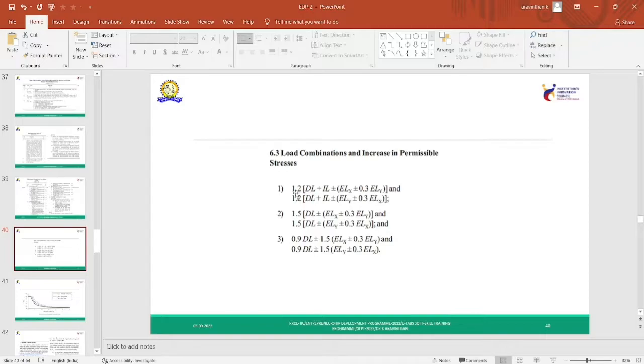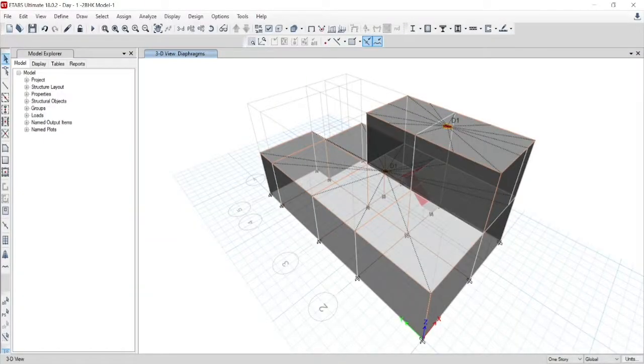You should use 1.2 times dead load, live load, and earthquake load in x direction plus 0.3 times earthquake load in y direction. The simple concept is 1.2 times, and both are 1.5 times, and 0.9 times dead load and 1.5 times earthquake load. This is the same way it automatically calculates here.